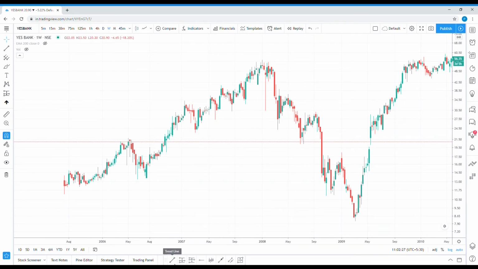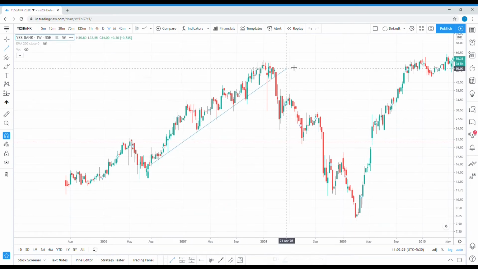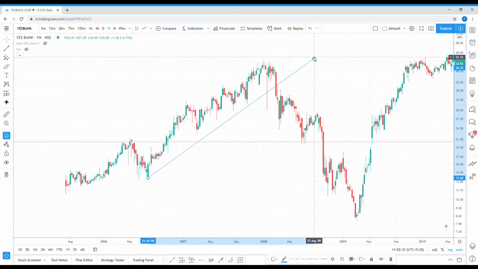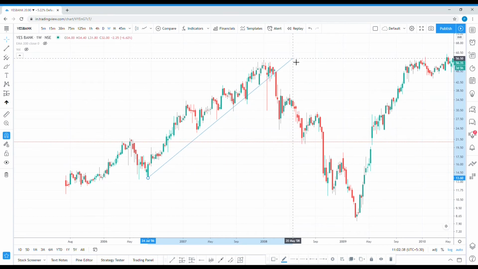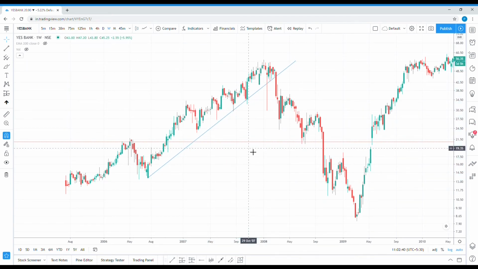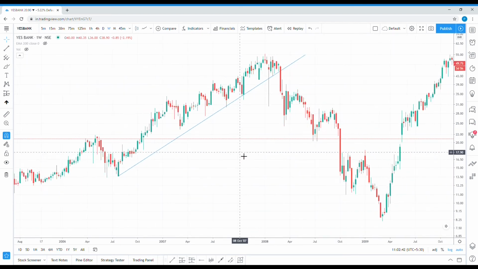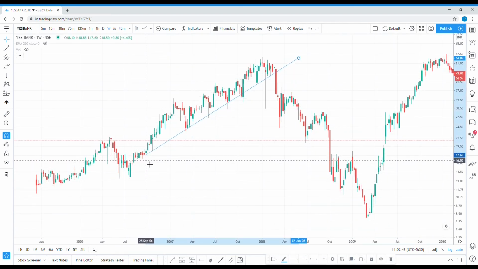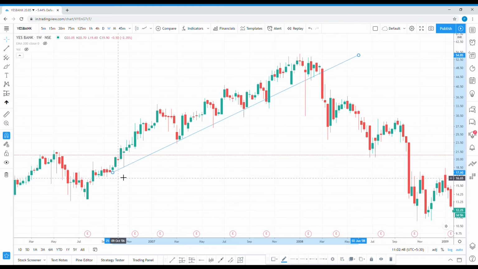So in the uptrend, what we did, we took the lowest swing and tried to match most of the points. Okay, so this was in the uptrend, right? If you want to match most of the points, then slightly move it over here. So it went up, went down, went up, went down, went up, went down.